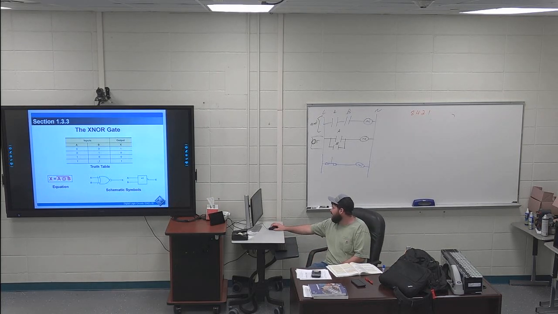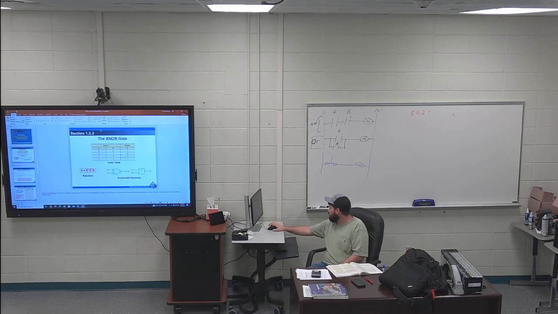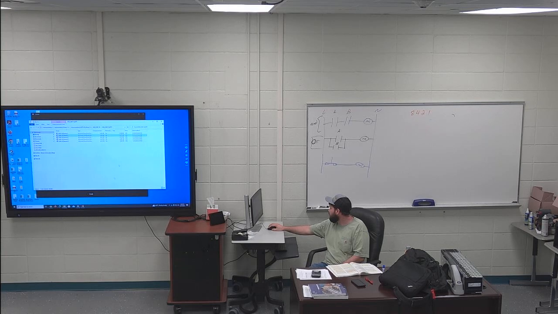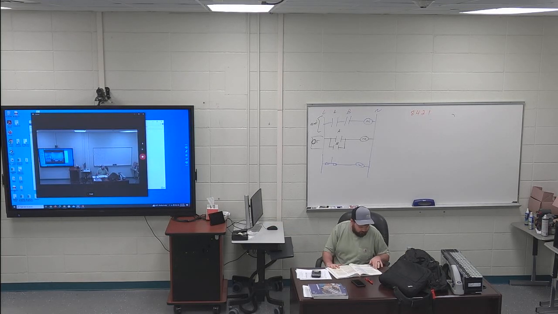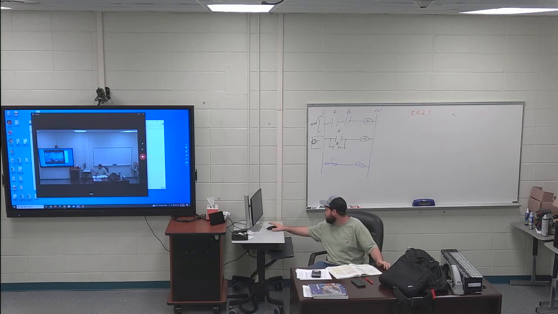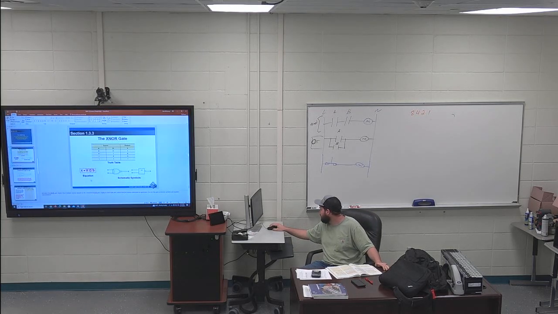So, I have the OR. Start back. Alright, so 133, the XNOR gate. So this is an OR gate with an inverter with an X. So remember the line, PowerPoint back up.